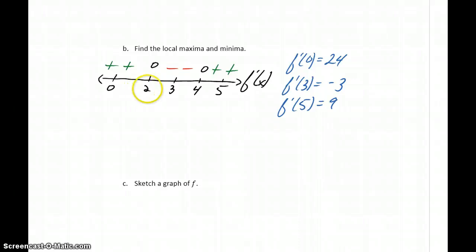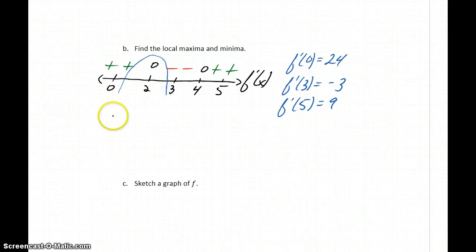So once we have our critical values identified and our sign chart constructed, now we can look at each of these critical values individually and determine whether or not we have an extremum. So in this case, what we have is a function that's increasing up to some point and then changes to decreasing.